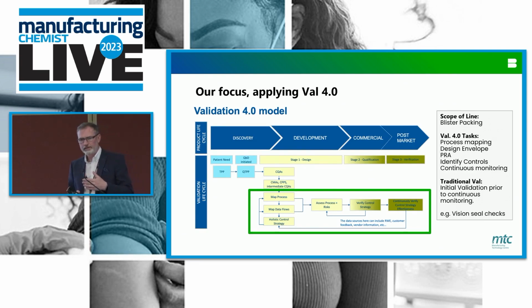We have had to apply some traditional validation techniques to it. So, for instance, we've got an optical system that's checking the various quality points in order to prove that we could use continuous verification, so continuous process monitoring.